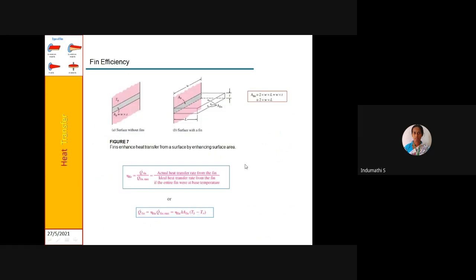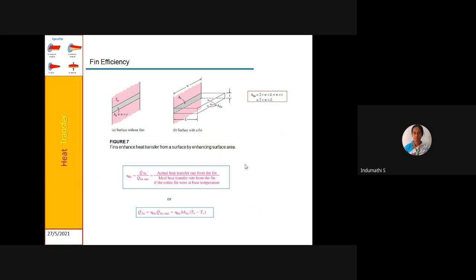Then coming to the fin efficiency. Fin efficiency is defined as the ratio of the actual heat transfer rate from the fin to the ideal heat transfer from the fin if the entire fin were at the base temperature. If you refer to figure 7, figure 7A is the surface without fin and figure 7B is the surface with fin.